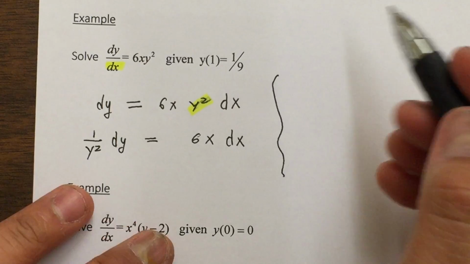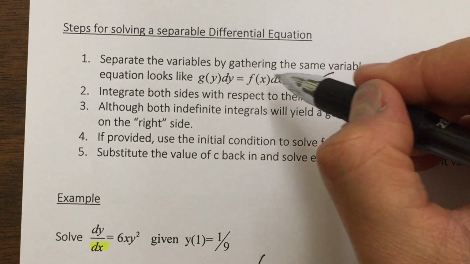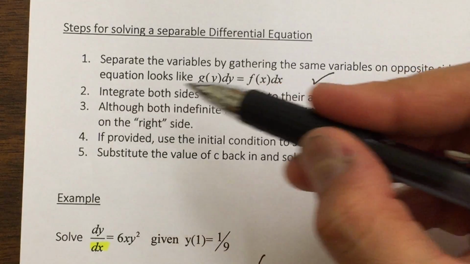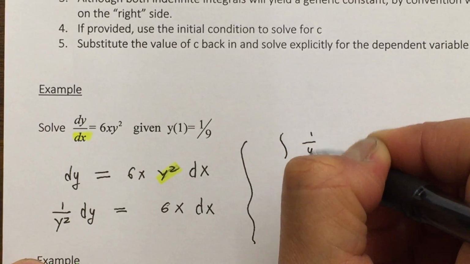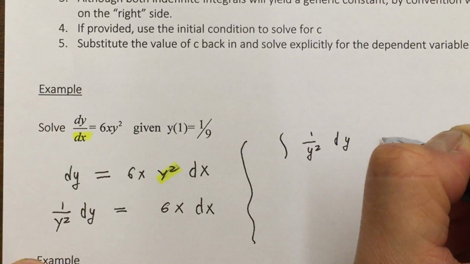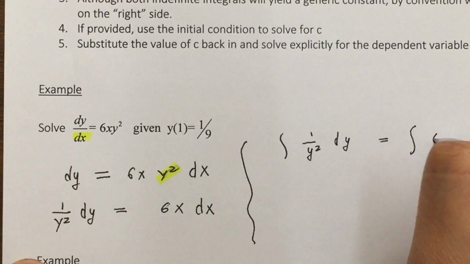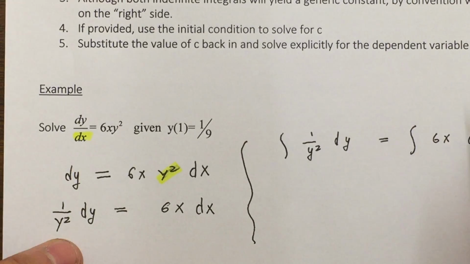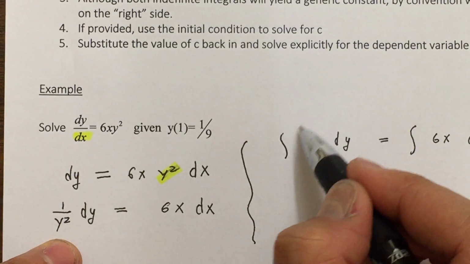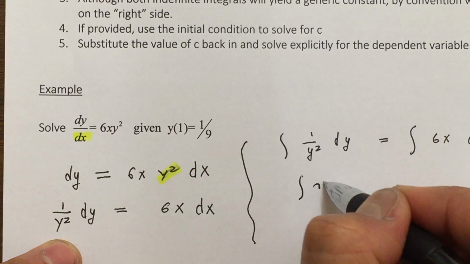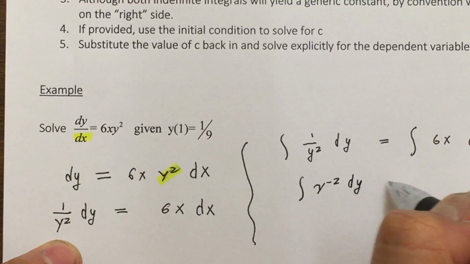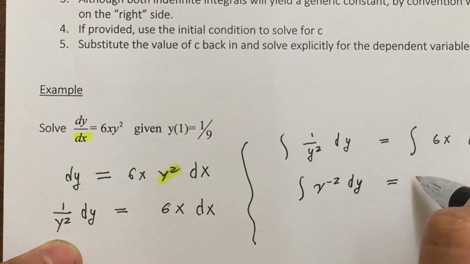And once I have succeeded with separation of variables, the next thing I do is integrate both sides. So here I am going to integrate both sides, integrating also the right side. Now, when you integrate this function, you need to see if it has an antiderivative, and it does, because that's just y to the negative 2.